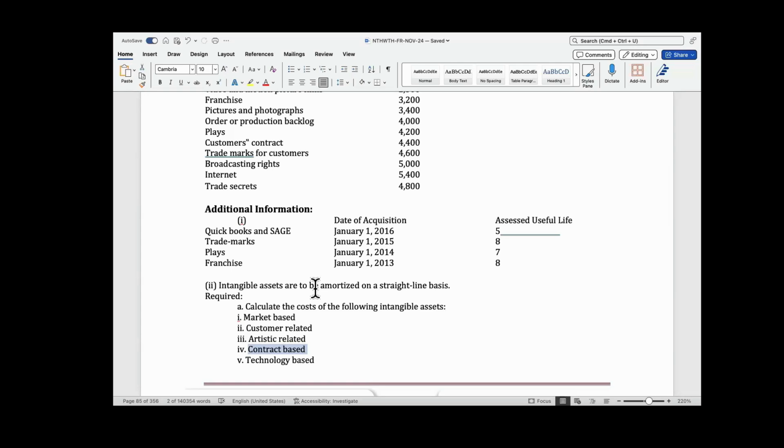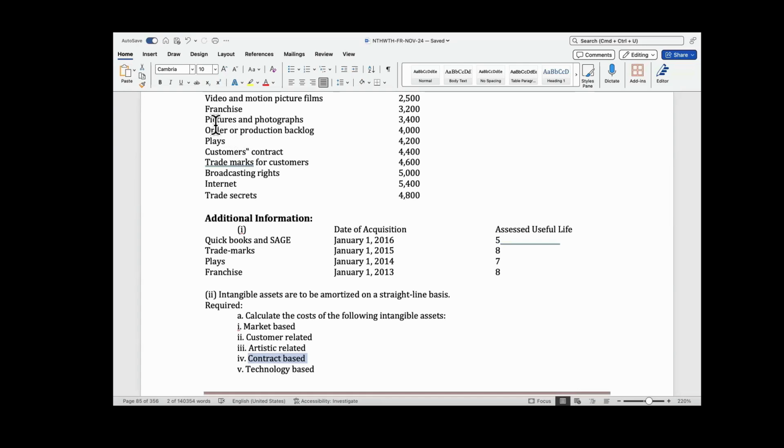But the reason I don't want to put it under contract is that patents usually don't arise from contractual or legal rights. It's something you pay for, and it's separable. It's different from a franchise, where before you can have it, you must have entered into a contract.